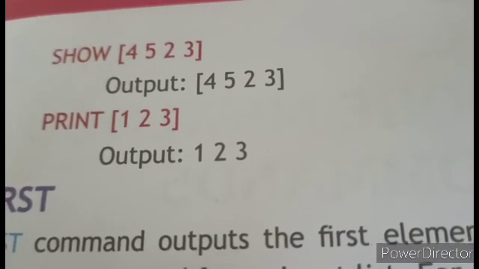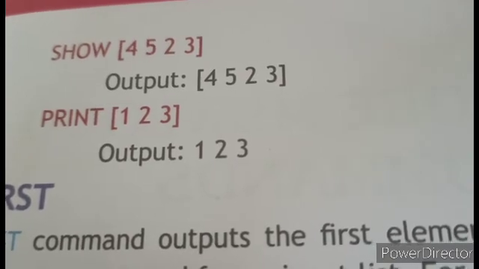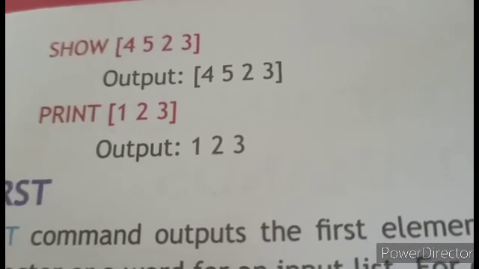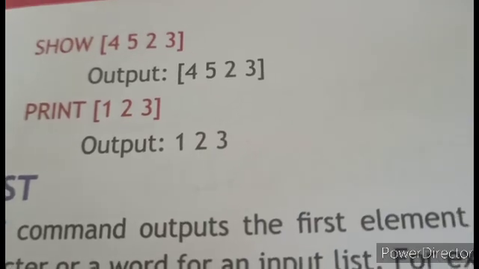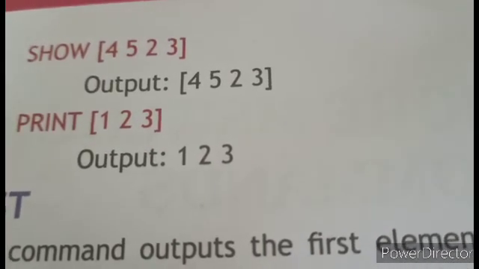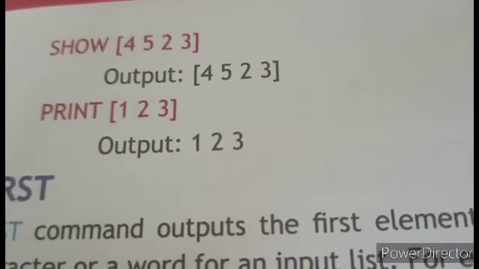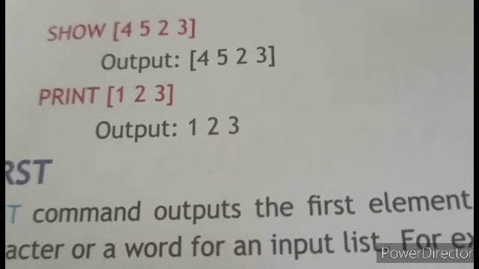But if you give print, then the group of numbers is printed except for the square brackets. That is the difference. If you want to print the numbers along with the brackets, then you need the show command. If you want to print just the group of numbers, then you need only the print command. Okay.